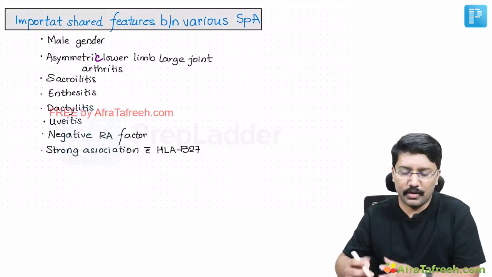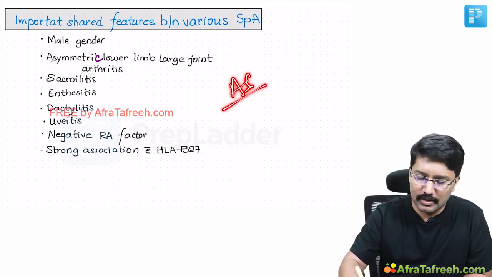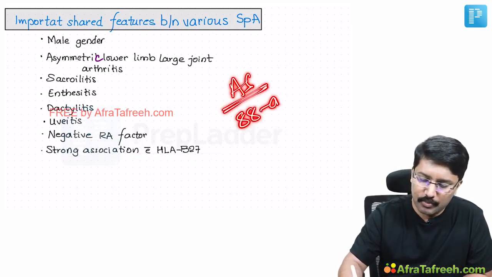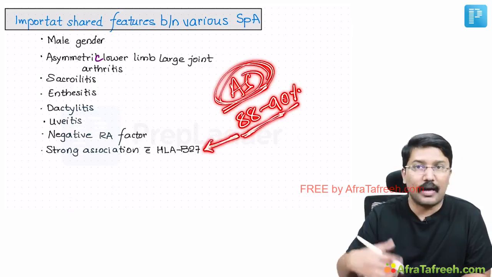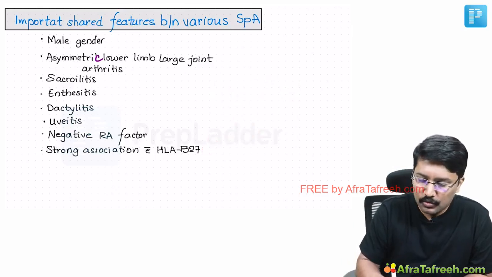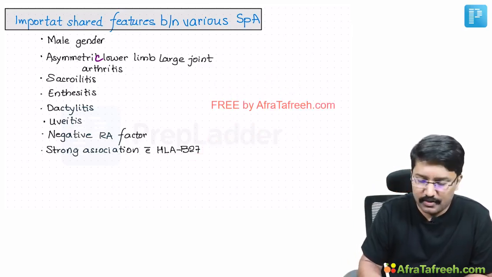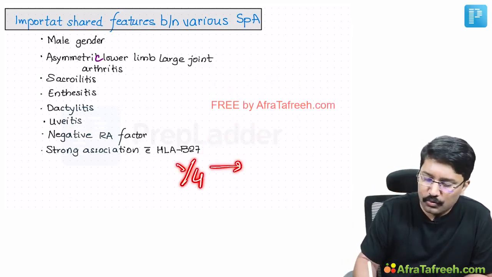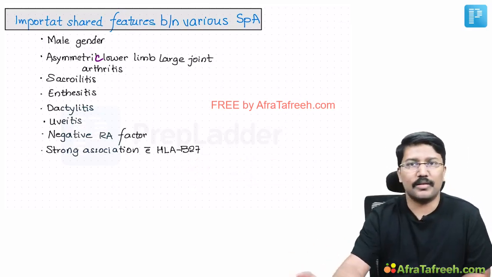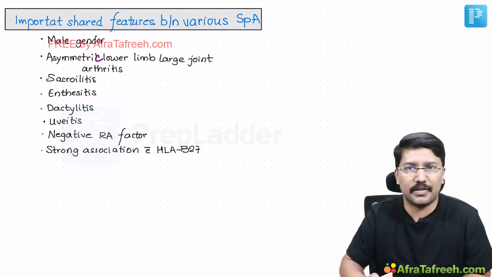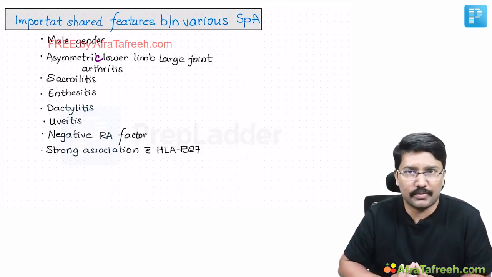For example, in ankylosing spondylosis, we know that 88 to 90% of the patients who are diagnosed with AS are positive for HLA-B27. And we also know that of those who are positive for HLA-B27, 1 in 4 go on to develop ankylosing spondylosis in their lifetime. Okay, so these are the basic shared common manifestations between various disorders.